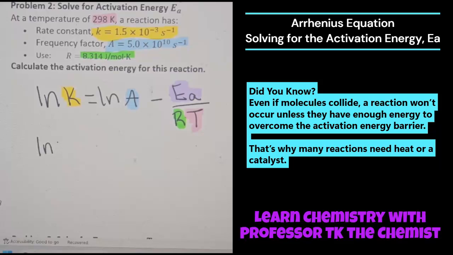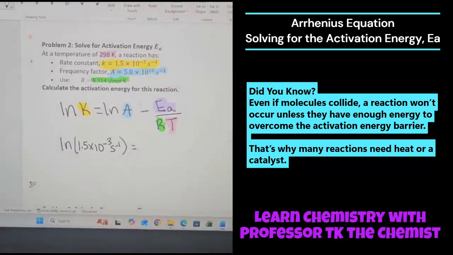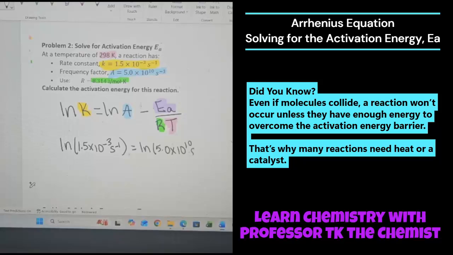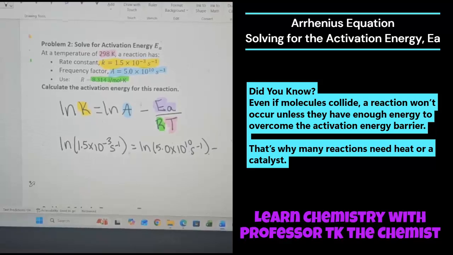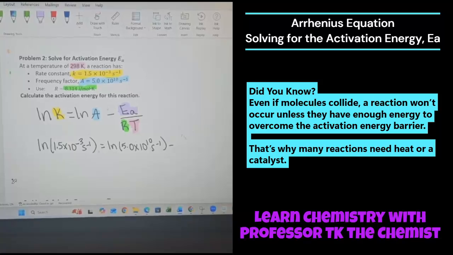I'm going to say natural log of 1.5 times 10 to the negative third per second equals natural log of A, which was your frequency, natural log of 5.0 times 10 to the 10th per second, minus your E of A, so that's on the top, divided by your R, your gas constant, 8.314 joules per mole Kelvin.